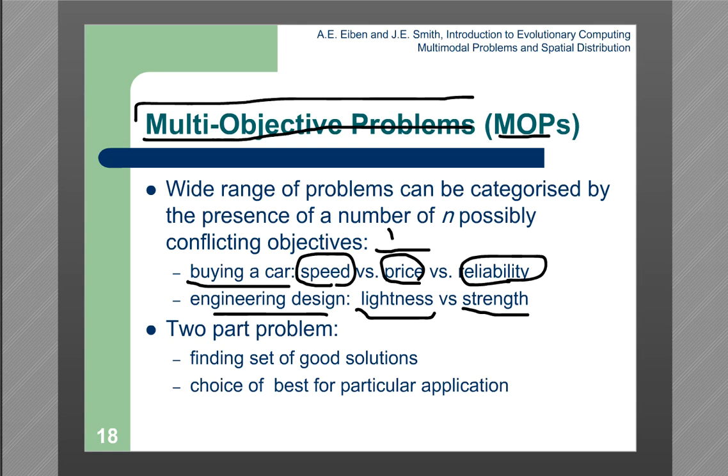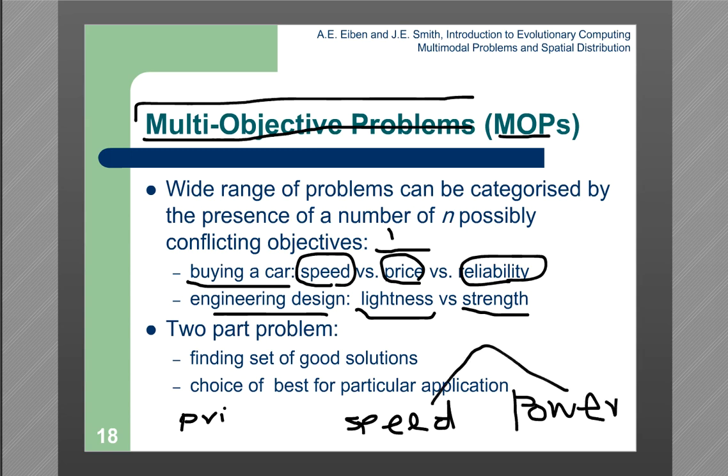For example, if you use speed and power of a car, most of these fitnesses are the same, because the more powerful car can go with more speed.